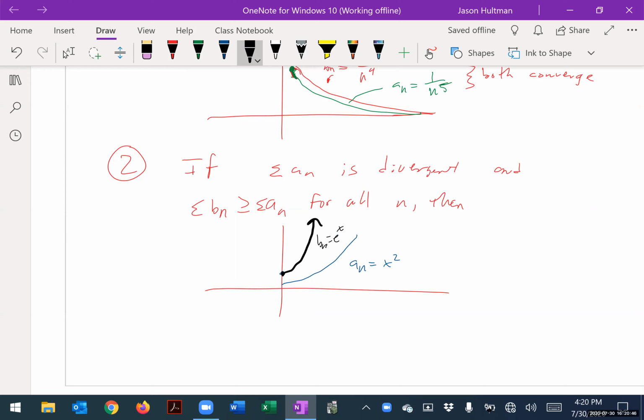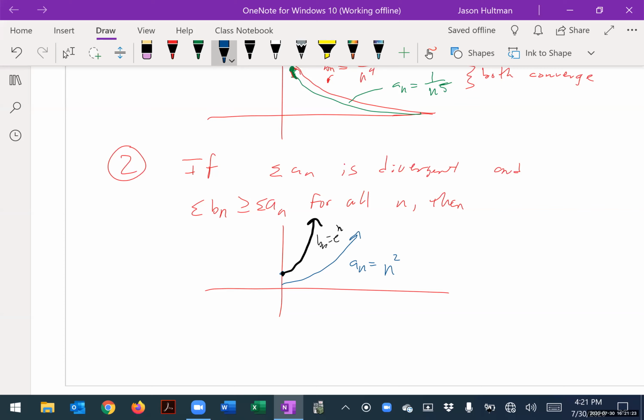Then what do we know? If all the values of B sub n are bigger than a divergent series, then wouldn't B sub n also be divergent? Yes. If A sub n diverges and B sub n is always bigger than A sub n, then that also diverges.